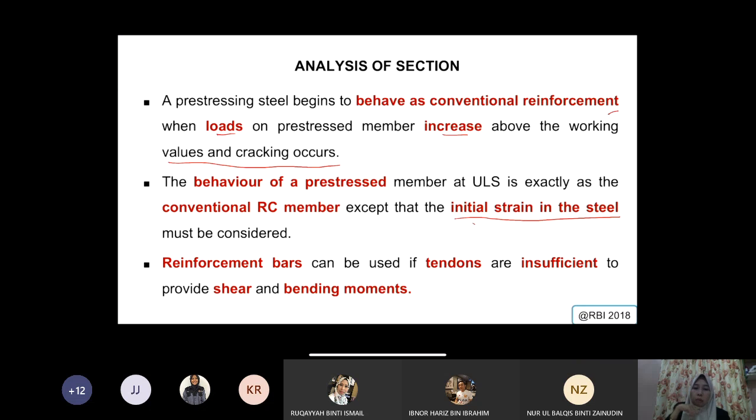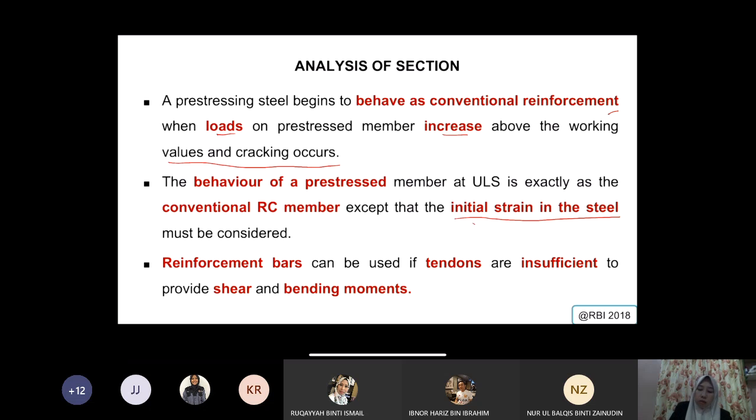So before you provide additional reinforcement for the moment in your beam, you have to check first whether the tendon is sufficient or insufficient. If the tendon is sufficient, you do not need any additional reinforcement bar. If the tendon is insufficient, then you have to design and add more bars to cater for the moments.